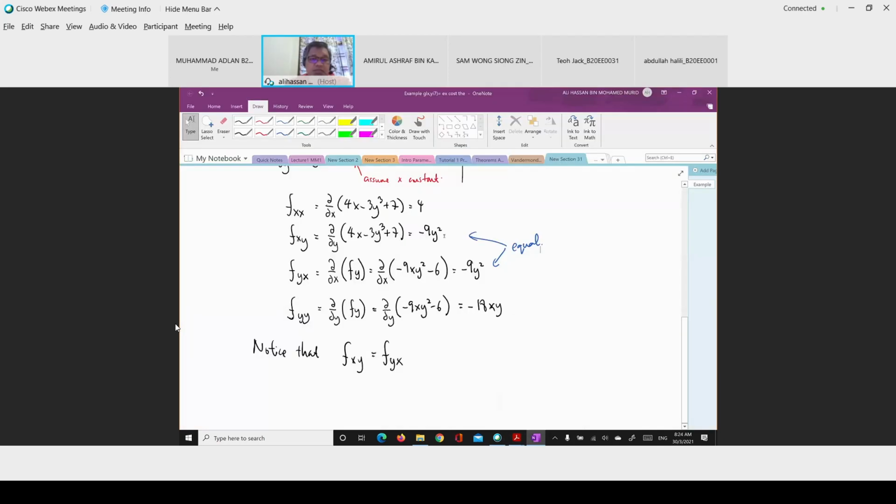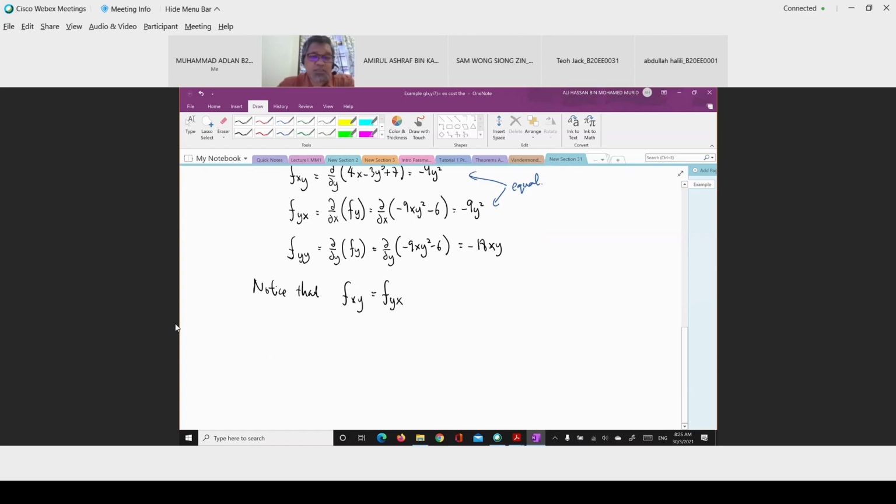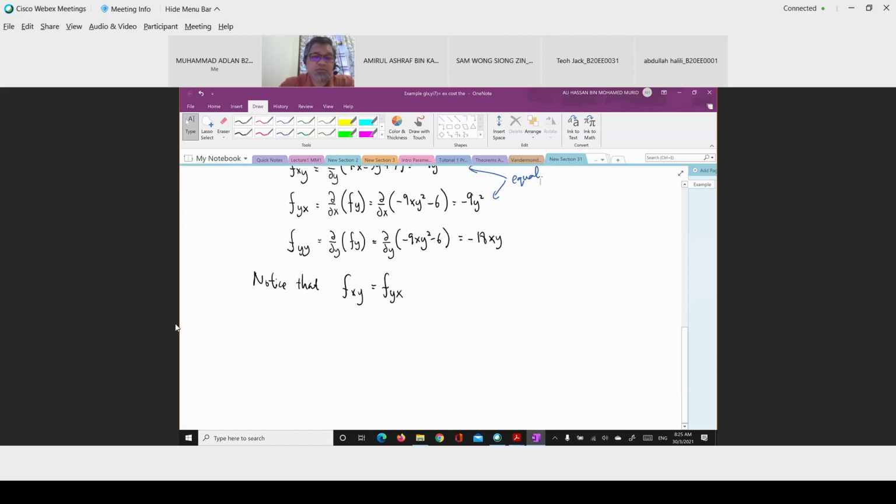You can see here that f partial x partial y, minus 9y squared, is a continuous function, and f partial y partial x is also a continuous function. Because the continuity condition is satisfied, we have this equality of the mixed partials. We can also calculate higher, not just second order. We can also calculate third order. For example, what is f partial y?